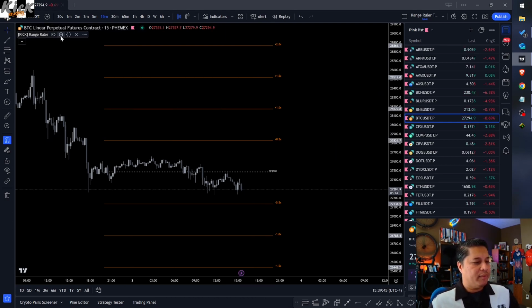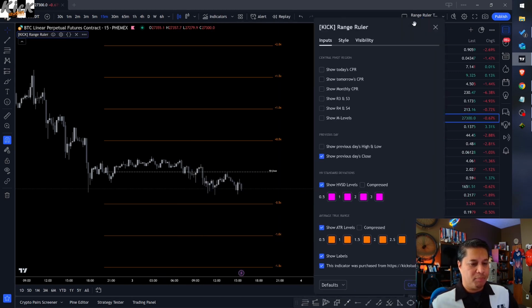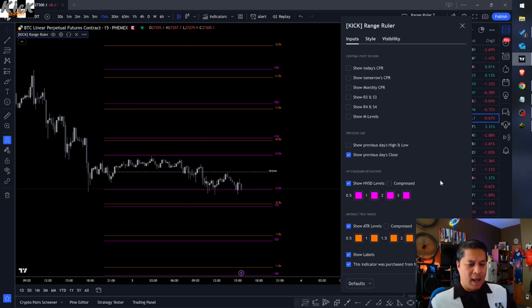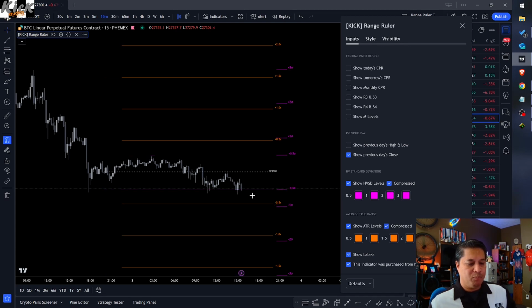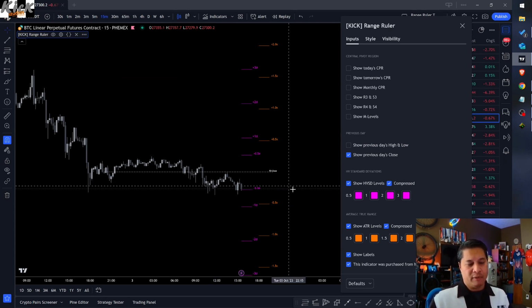The only other thing I want to bring up is that these levels, or this part of the tool, both have a compressed view as well. A compressed view makes it so that the lines don't overlap and they're thrown out here to the side.